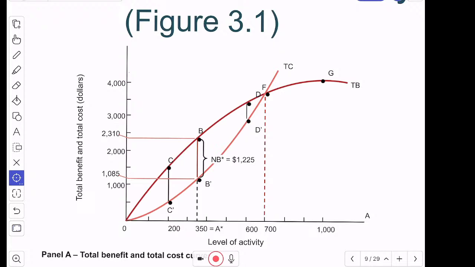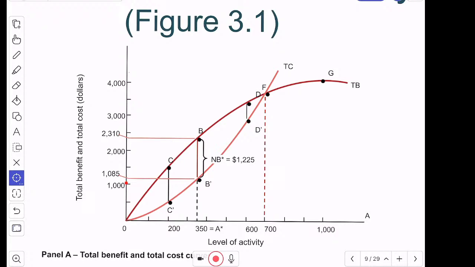What are your options, right? These are all possible, but what's the best? Well, the difference between cost and benefit is a maximum here. Net benefit is largest here at 1,000, and you result with a level of activity of 350.